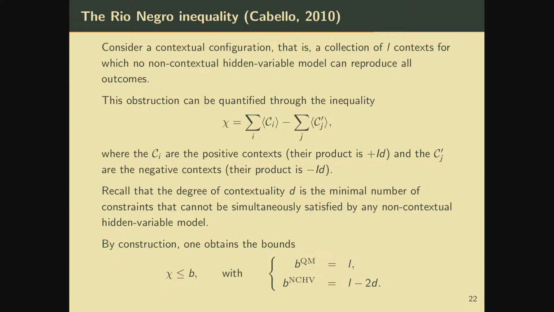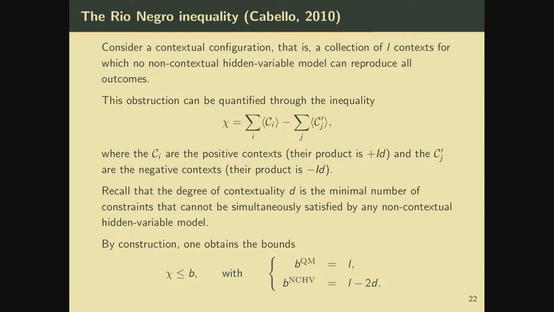However, yesterday we introduced the notion of degree of contextuality, which is some kind of obstruction for a classical model to satisfy all the constraints of your contextual configuration. And D, if you remember, was introduced with this system of equations. It's the minimal number of constraints that cannot be satisfied by your non-contextual hidden variable model. So that's the number of equations you need to flip in order to find hidden variable models that satisfy all the constraints.